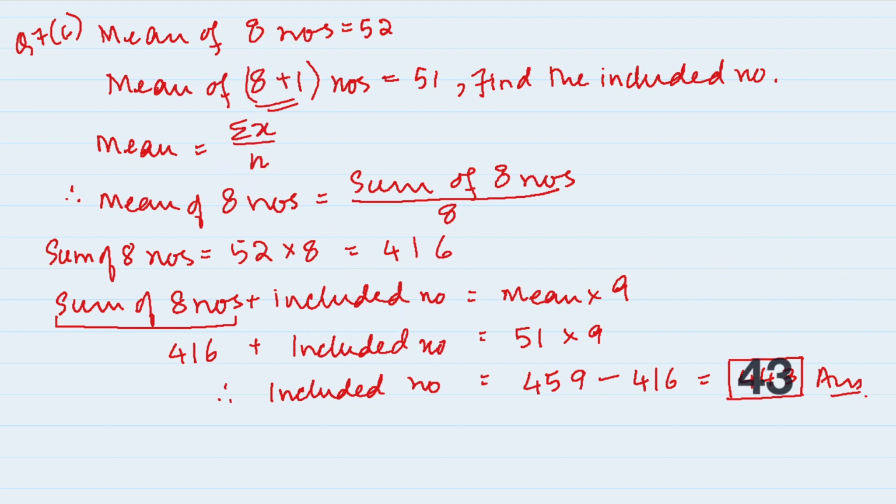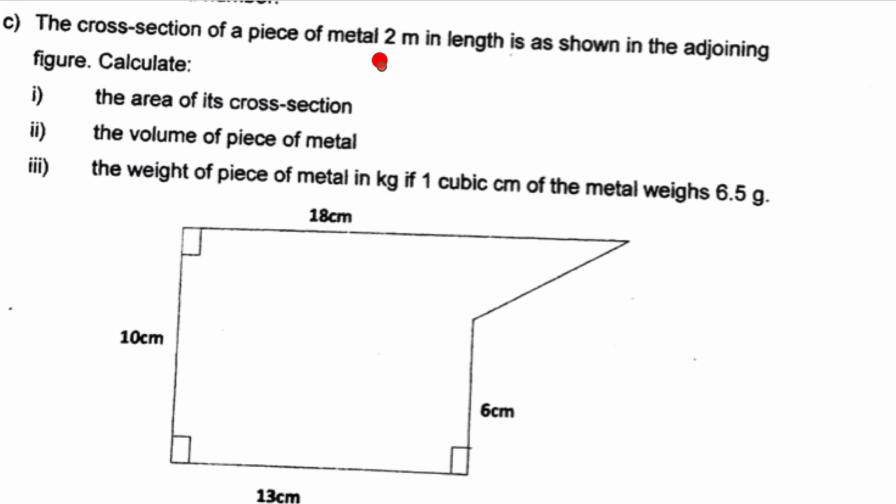Okay, be careful. The cross section of the piece of metal is 2 meters in length. This is the area of cross section, and this is going to be how much? 2 meters in length. Now we are going to look at this. It looks like a combination of a triangle here and this rectangle.